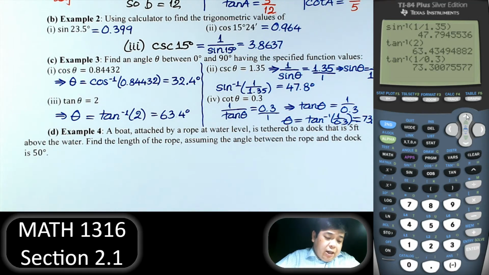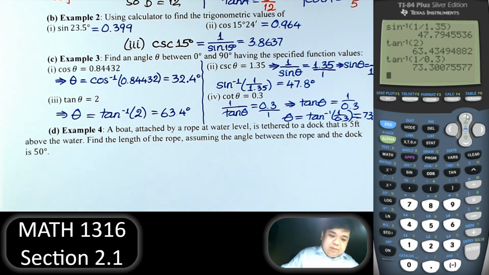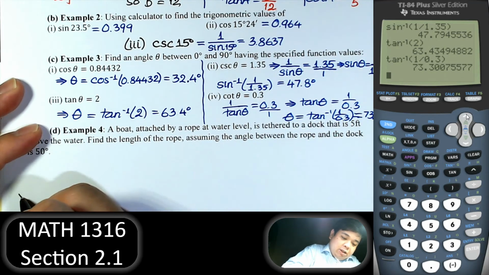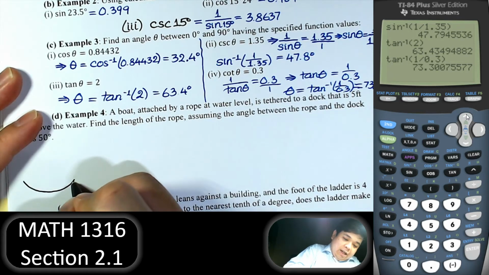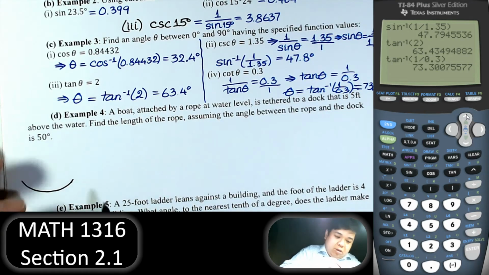All right, now we have 2 more examples. A boat attached by a rope at water level is tethered to a dock that is 5 feet above the water. Find the length of the rope. Assume the angle between the rope and the dock is 50 degrees. So let's say we have a boat and it is tethered at the water level.